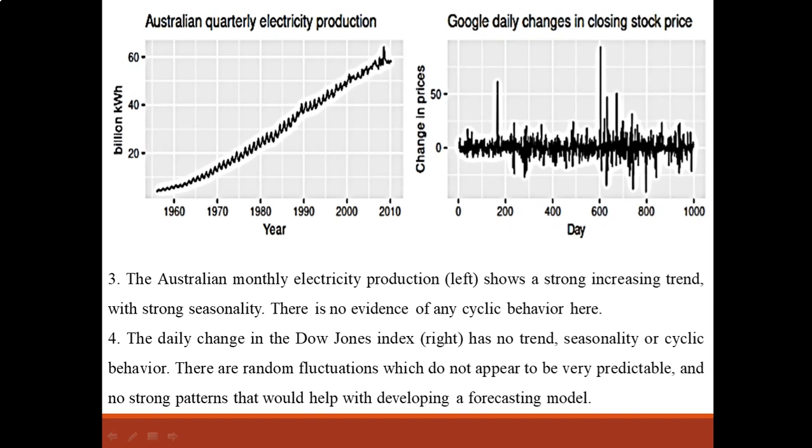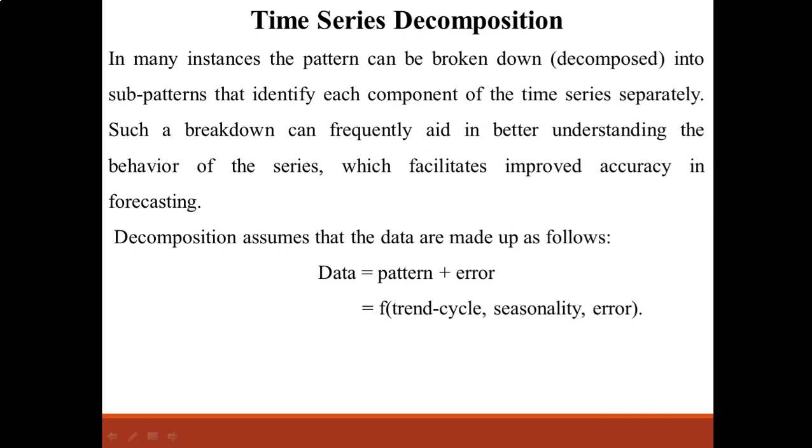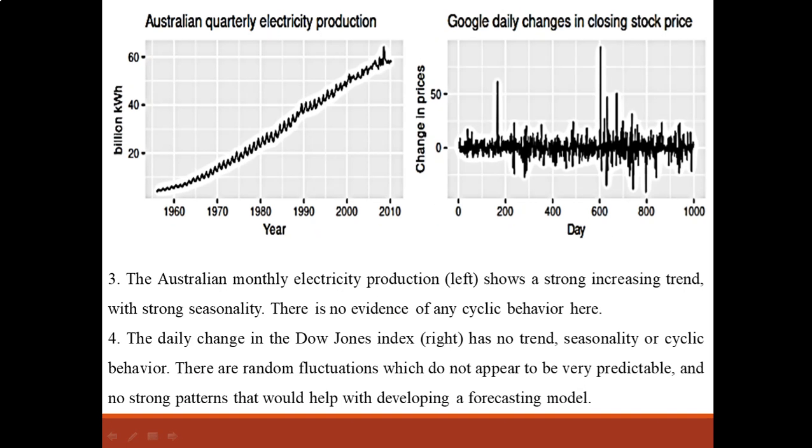It has no trend, seasonality, or cyclical behavior. There are random fluctuations, which don't appear to be very predictable, and no strong patterns that would help with developing a forecasting model.